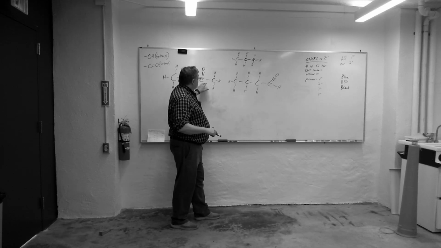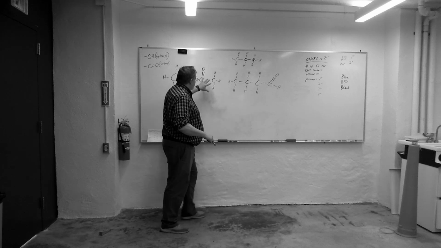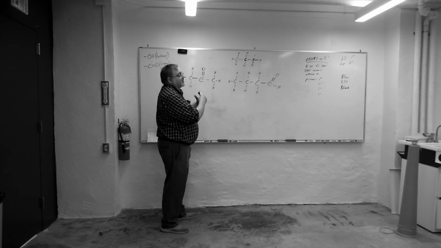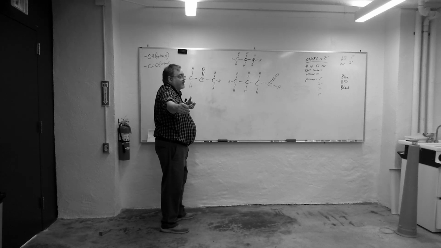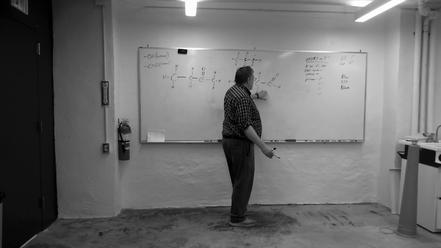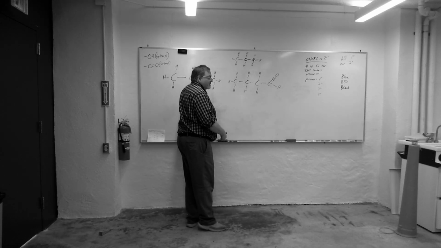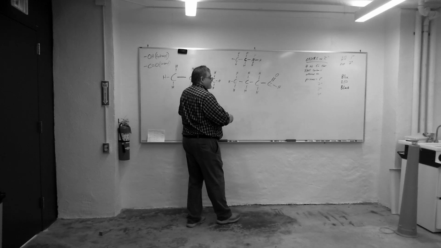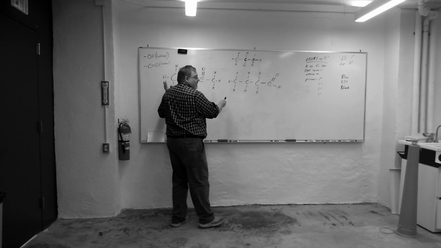But when it comes to the carbonyl, this molecule will have such different properties than this one that they just give them 2 separate names. So instead of primary aldehyde or primary ketone, this is an aldehyde and this is a ketone.